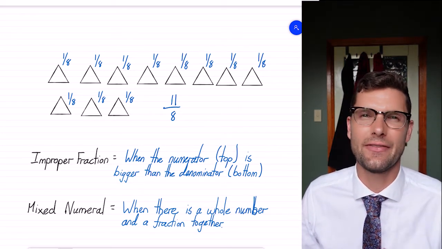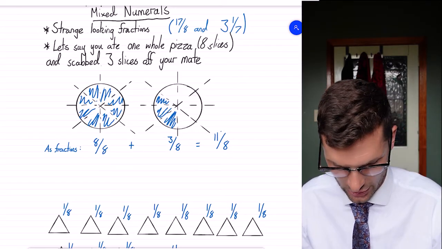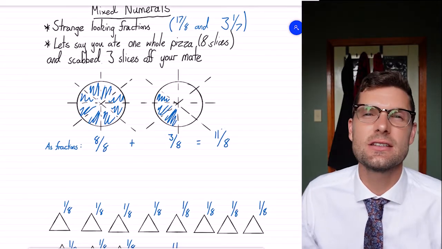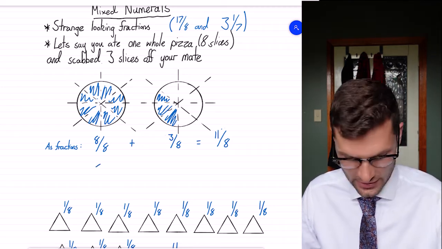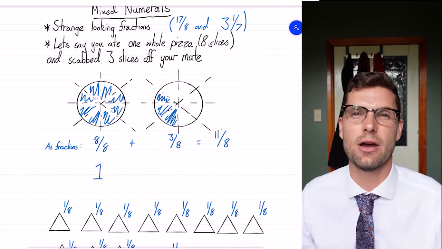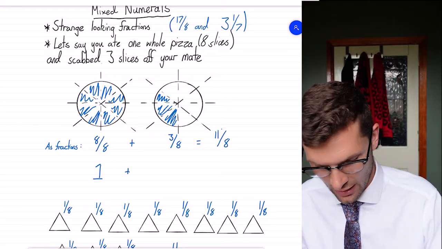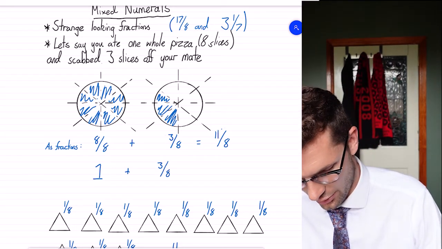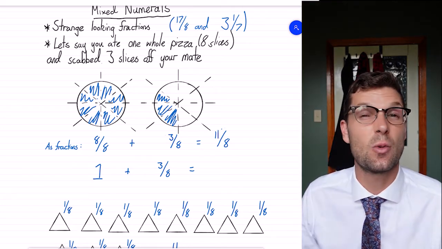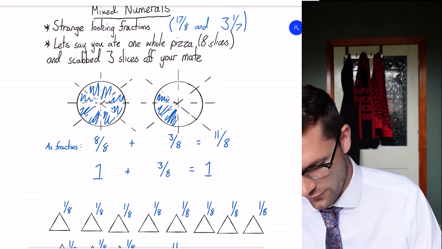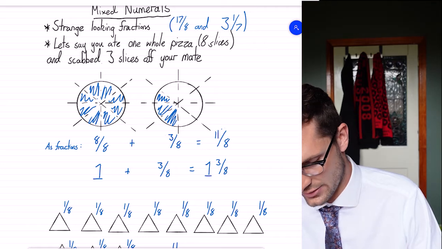But we could also write this fraction in a different way, and we're going to go back up. So obviously you've eaten one pizza, right? You ate all of your pizza, so we can write that as a whole number. You ate one pizza, plus you ate 3 out of 8 of the next one. So we can just write this without the plus in there, and we've got 1 3/8.